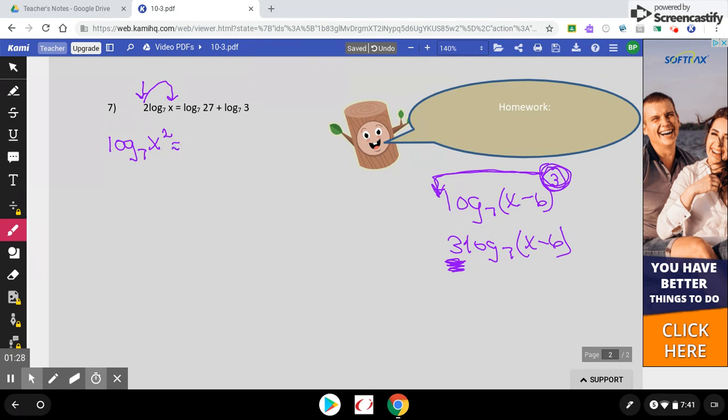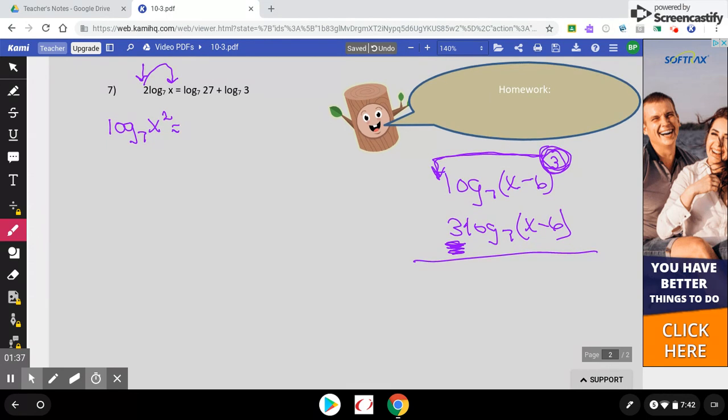So we also got a thing called the product property. So a little illustration of the product property over here. So move this guy up a little bit. So if you had log base 6, I'm just making up a problem, of 4 times 10, you are allowed to split it up into an addition problem.